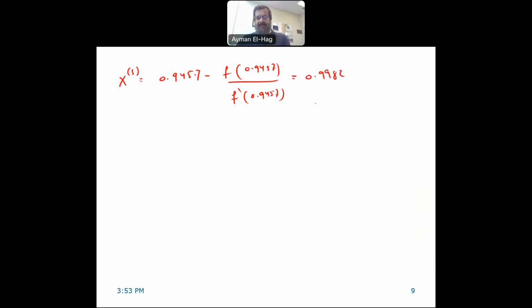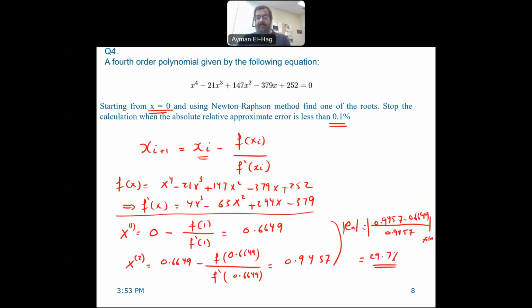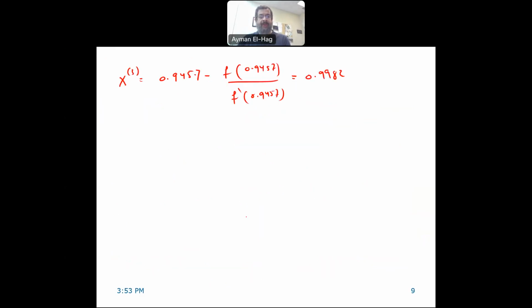So x3 would equal 0.9457 minus f of 0.9457 divided by the derivative of the function at 0.9457. And if you do that, you will find this is equal to 0.9982. Now, compared to the previous answer, which was 0.9457, clearly now we are converging.